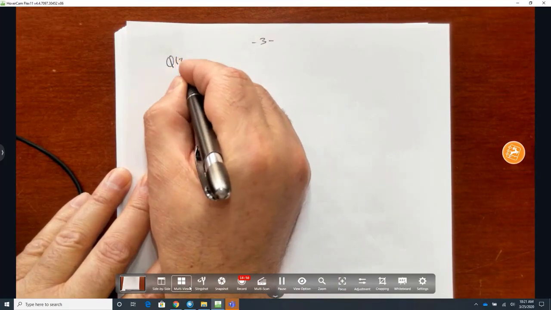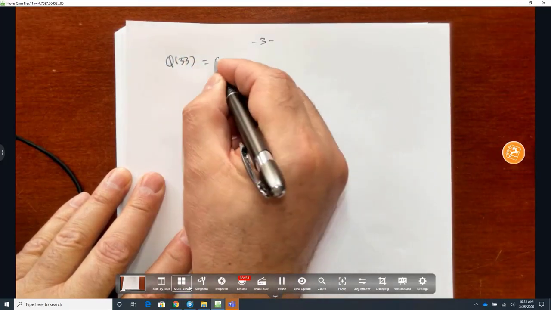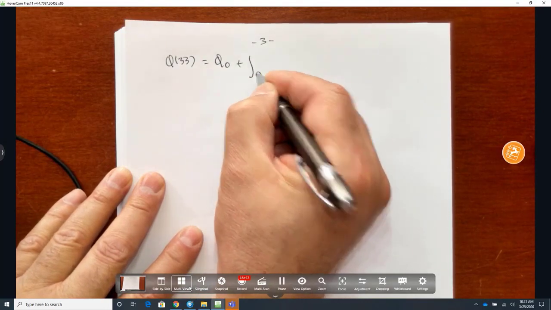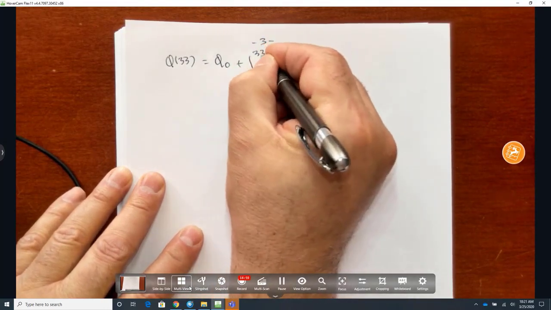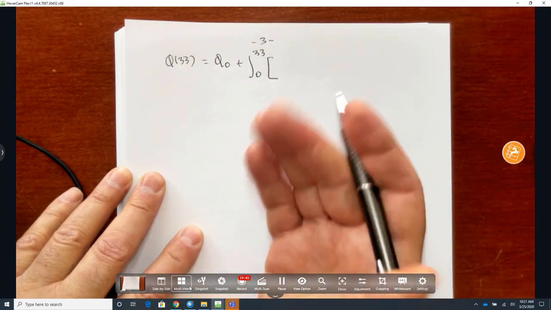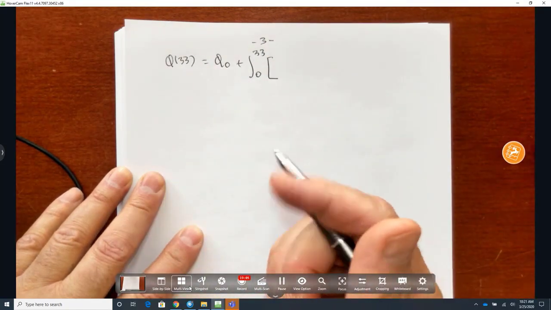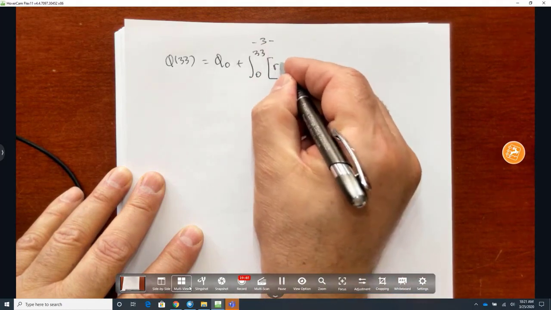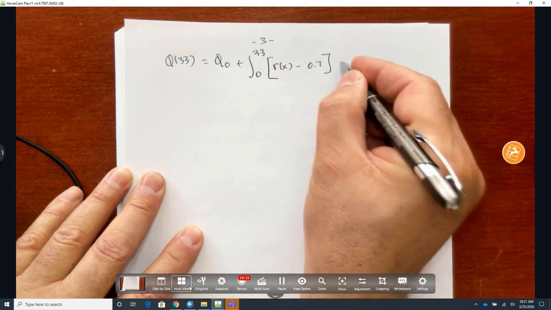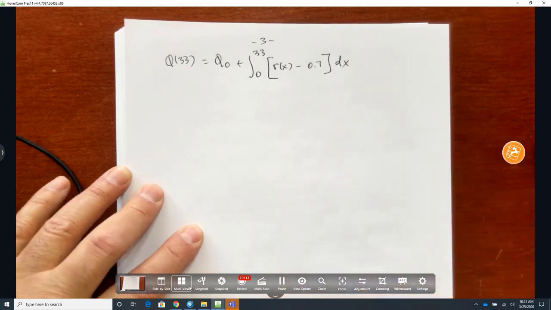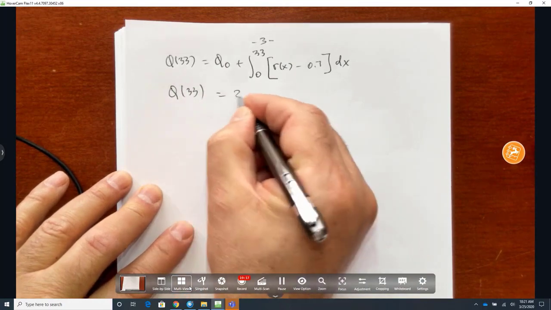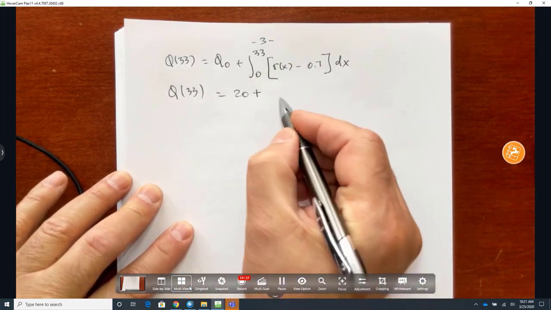The number of people at second 33 is going to be the number of people at time 0 plus the integral from 0 through 33, putting together the number of people entering as well as exiting, so r of x minus 0.7 dx.